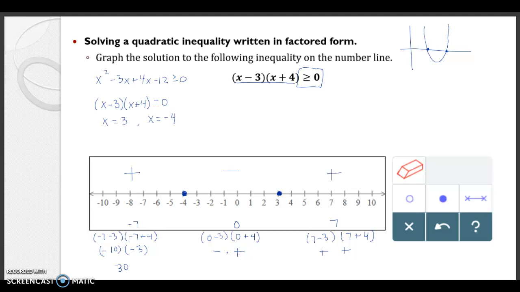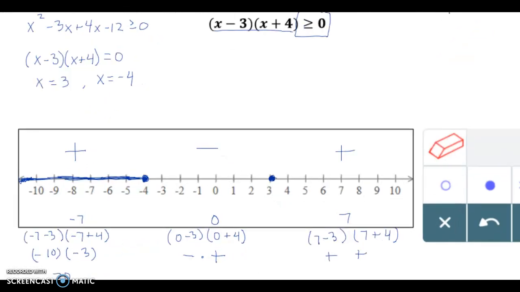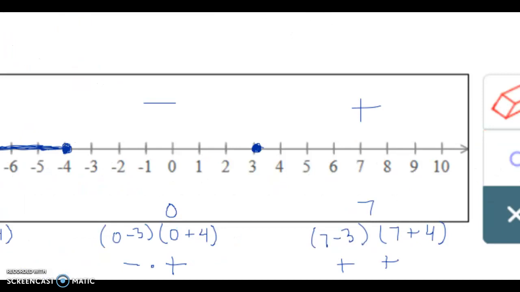So I wanted my intervals wherever it was going to be greater than or equal to 0. That happens from negative infinity all the way to negative 4, and then from 3, including 3, all the way to positive infinity.